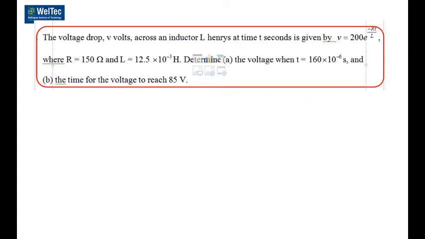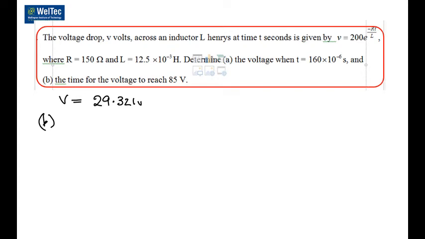The first part of this question is a plug and chug. You need to find the voltage when t is 160 times 10 to the negative 6 seconds. So you simply put that into the formula. The second part is the more complex part.